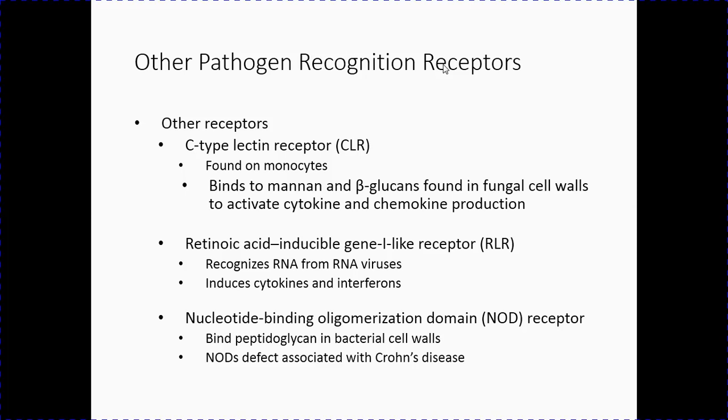So we end up with kind of an inflamed GI tract, and we see this in patients with Crohn's disease. So in addition to the toll-like receptors 1 through 10, here are some of the other important pathogen recognition receptors that we're going to see.